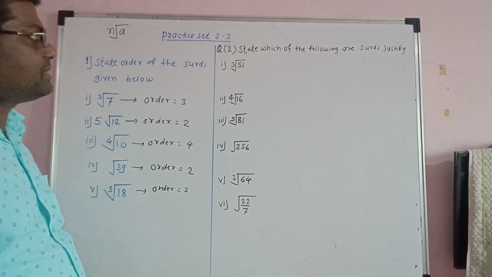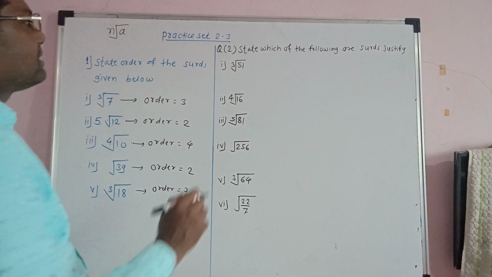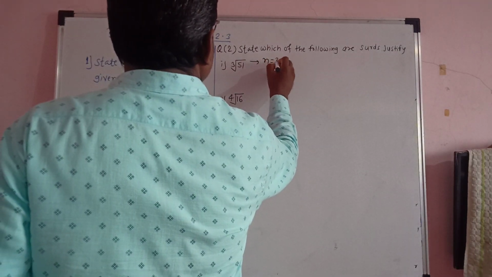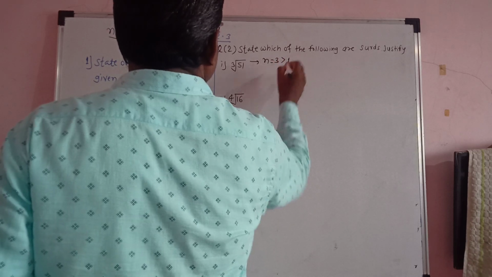Now the first example is cube root of 51. In cube root of 51, n is equal to 3 here, which is greater than 1.